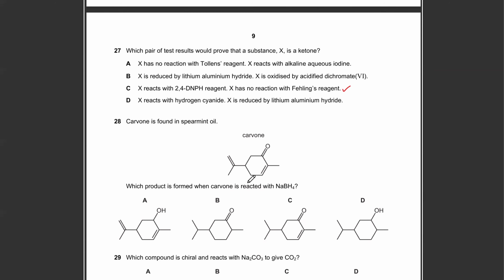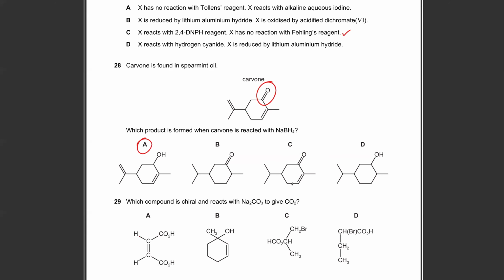A product is found when it's reduced, right? So what is the product when it's reduced with NaBH4? It's A. Yeah, so only the ketone turns back into an alcohol.